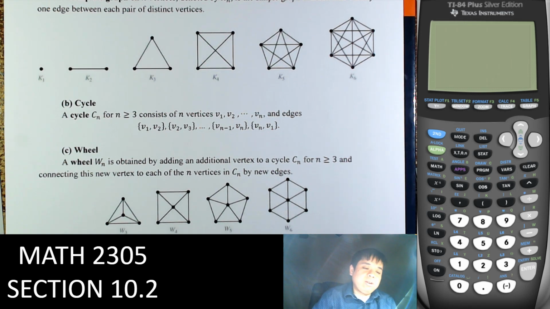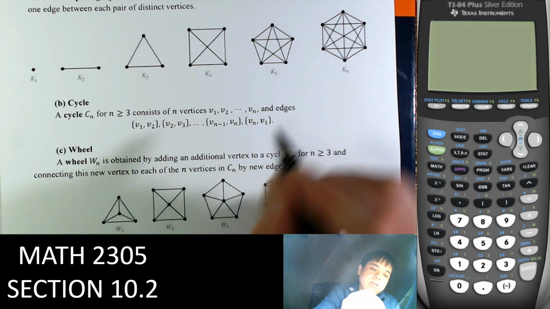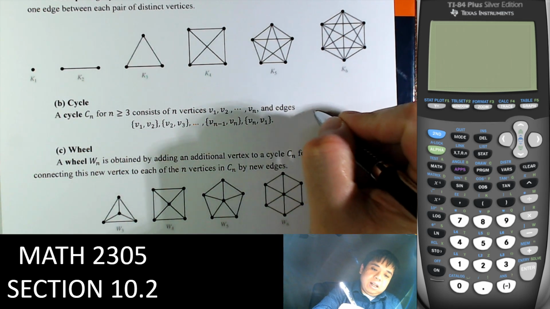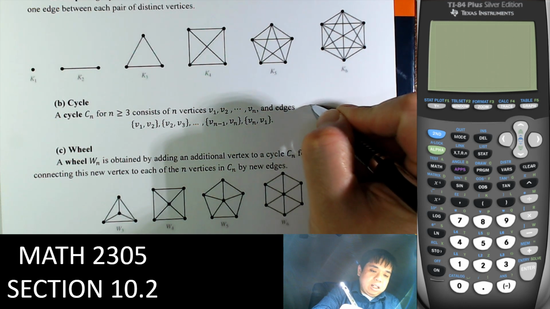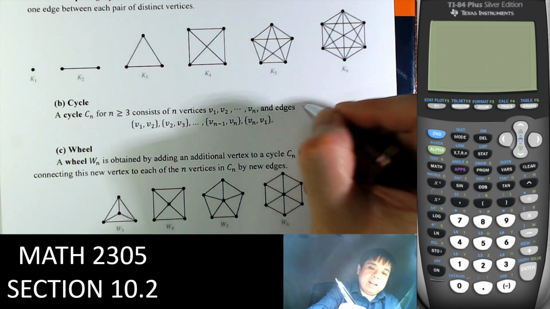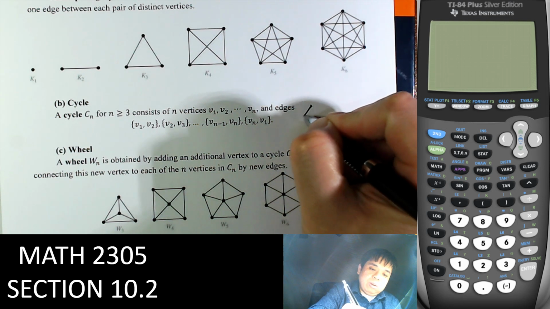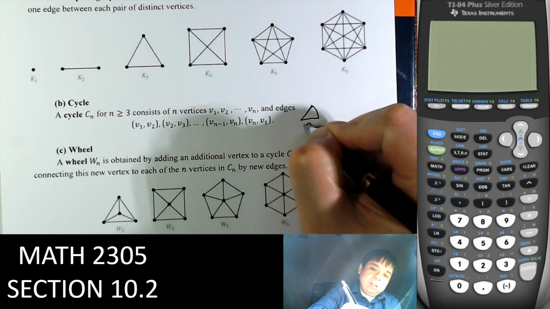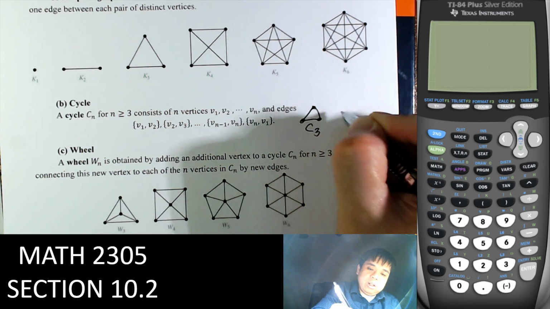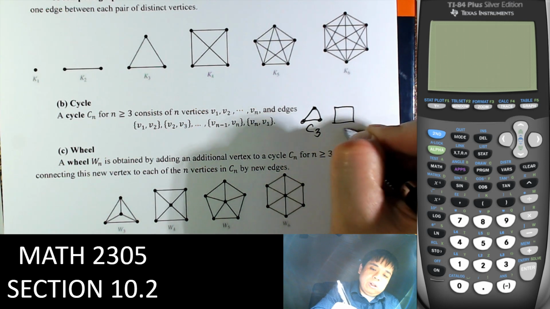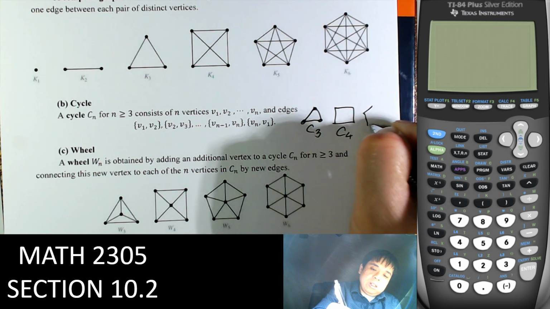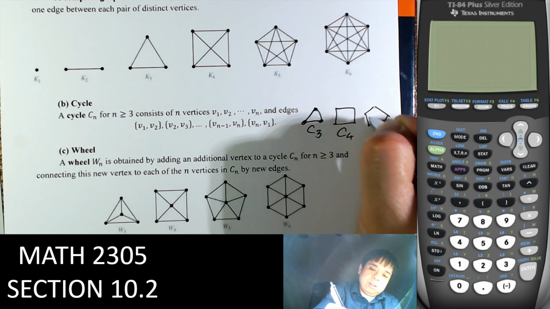A cycle is where we're connecting in a cycle. C1, we cannot have that. C2, same. So C3, C4, so just in a circle.